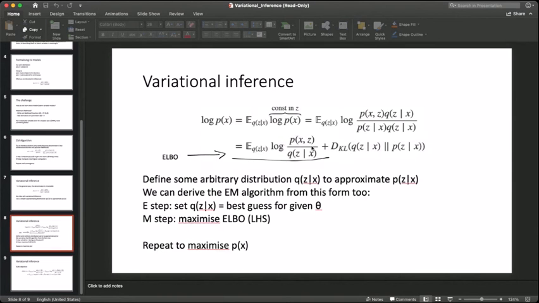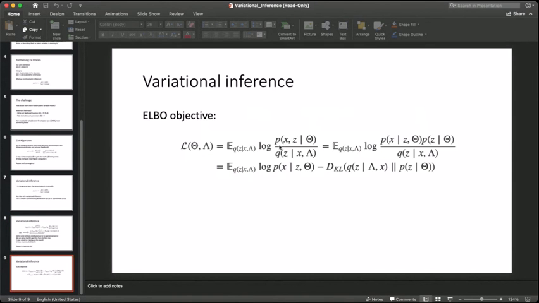You can see joint over Q z given x. And all the rest of this is just expanding this into the ELBO. This is just a very concise way to write the ELBO, but you can see I've expanded it to what is on the bottom.